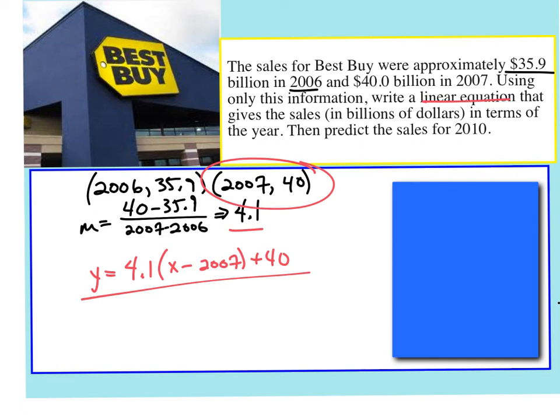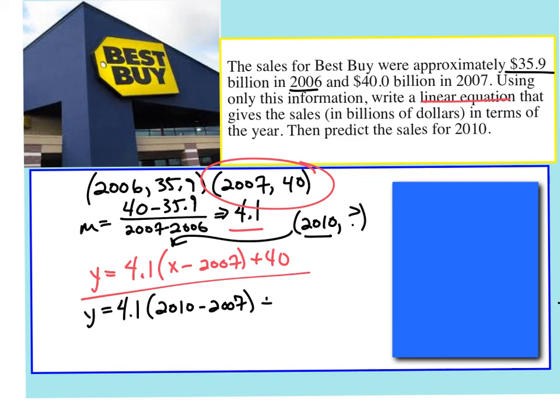So now I can use that to predict in 2010. So I kind of have the ordered pair 2010 comma question mark. That's really what I'm trying to find out. And so all I do is I substitute in what? 2010 in for x. So now I have 4.1 times 2010 minus 2007 plus 40.